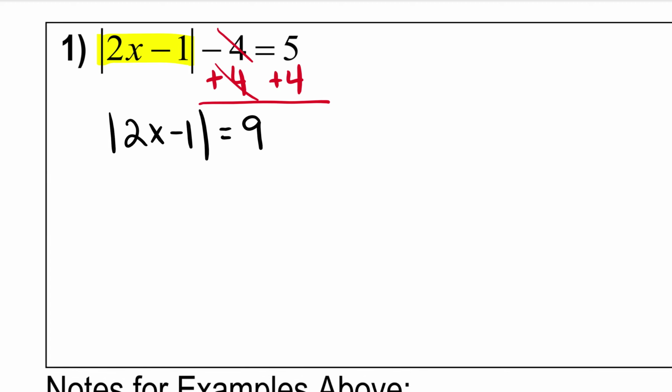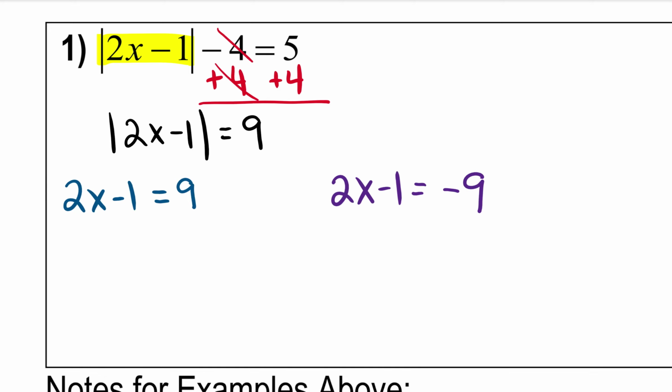Now, once we have the absolute value by itself, you want to split this up. So I'm just going to write what's inside, 2x minus 1 equals positive 9, and 2x minus 1 equals negative 9. So notice we have a positive and a negative on the other side. Now that we have two, we've got to solve them separately.